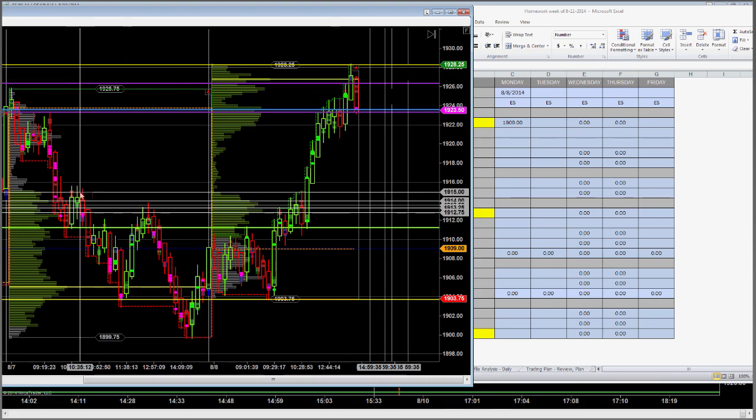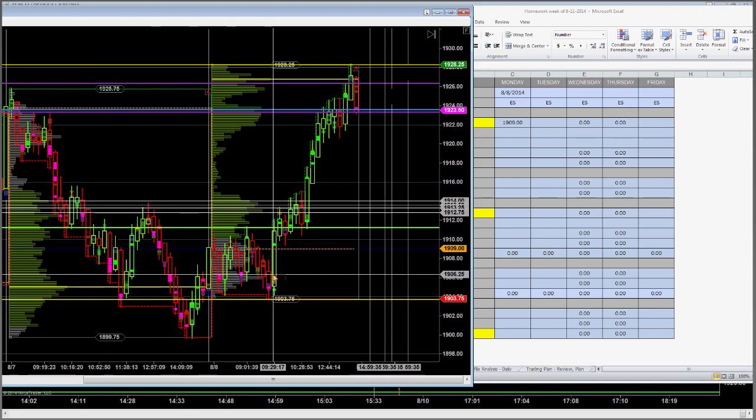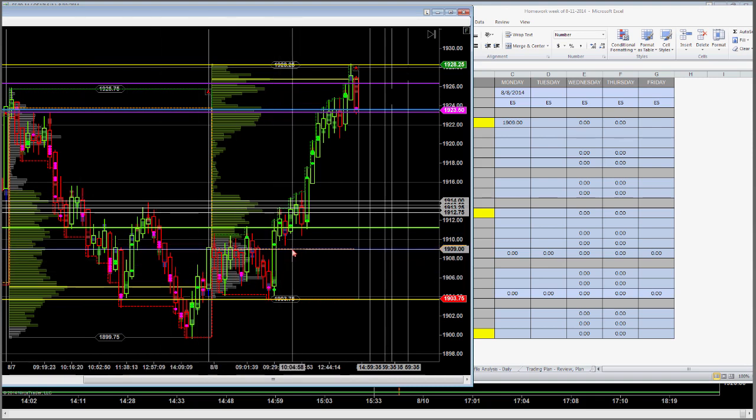So again, value becomes very important, and I want to understand relative to the overall market, is it accepting prior value? So if the market opened up in value like it did here, 1909, and I started to get two-sided trading, what I might do in that day is say, you know, it's relatively choppy.